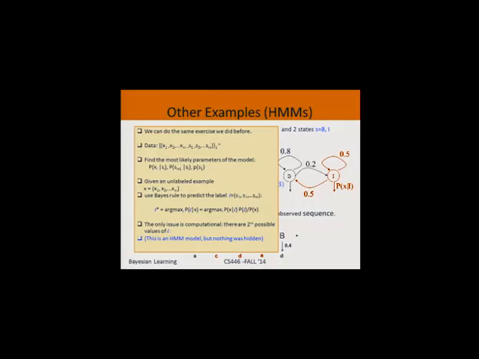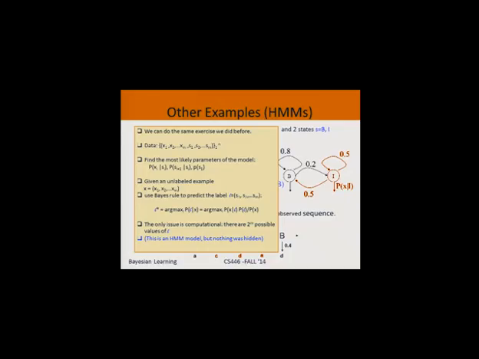How are we going to do it? If we know these parameters, right, so we know the initial probability of the states, we know the transition probabilities. What's the probability of moving from one state to another? In the part-of-speech tagging example, this is the probability of a verb following a noun, a verb following an adjective, a verb following another verb, and so on.